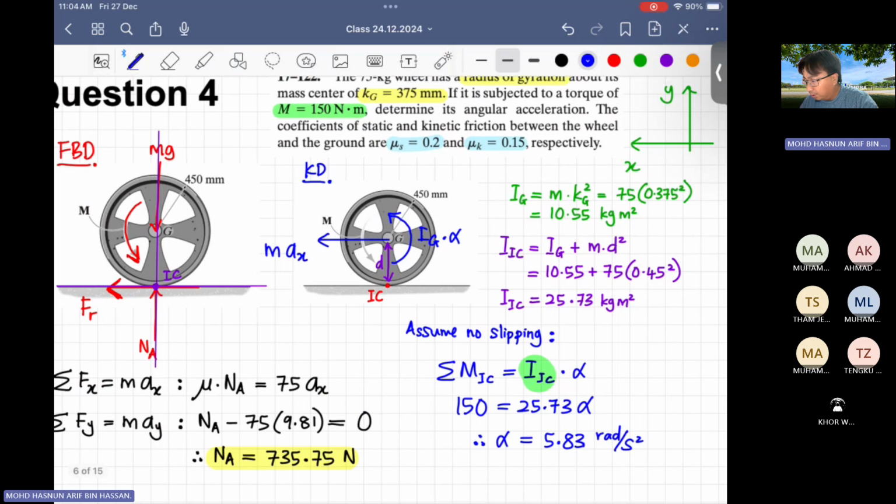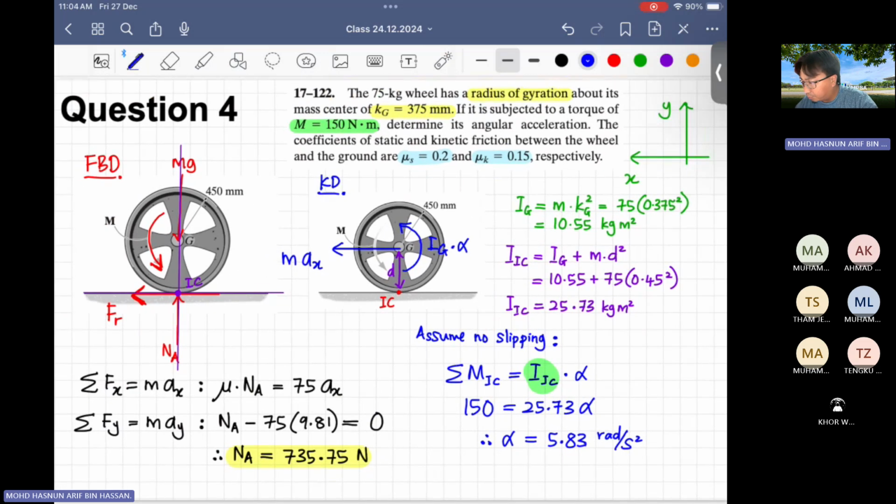When we assume no slipping occurs, it means that AX is equal to alpha times R. So we can then calculate AX, because we already have the value of alpha.